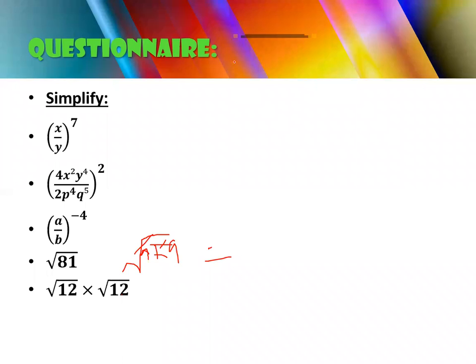First of all, break 12 into its factors. What will be the factors of 12?